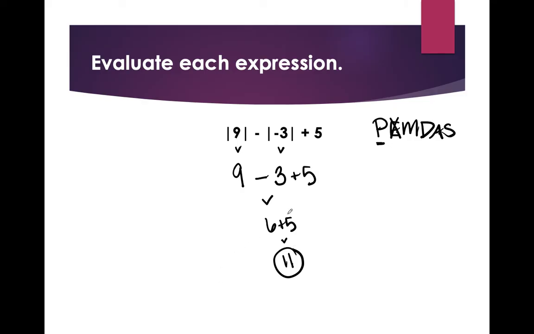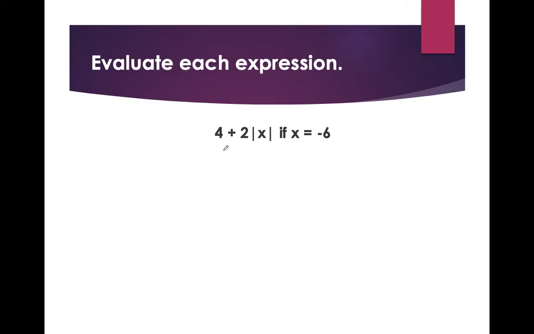Okay, let's take a look at one other example with absolute value in an expression. So in this case, go ahead and replace the x with the -6. And again, we evaluate using the order of operations. So the parentheses come first, which in this case is absolute value.